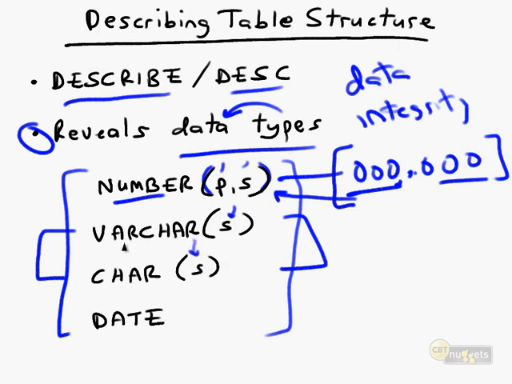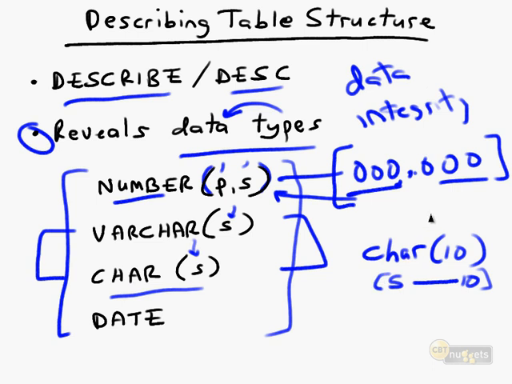The big difference between varchar and char is that char will always pad spaces. That is to say, if we create a column and assign it the char 10 data type, then even if we do some data entry and consume only 5 characters for that column, Oracle will pad out until we reach 10 characters. It'll pad spaces. So those column values always will be 10 characters long no matter what.